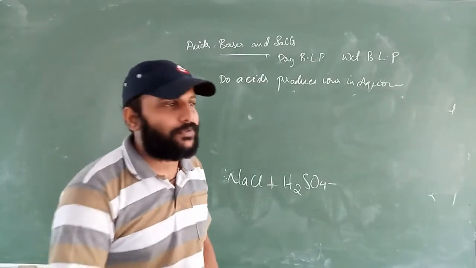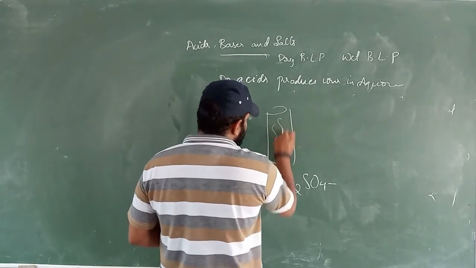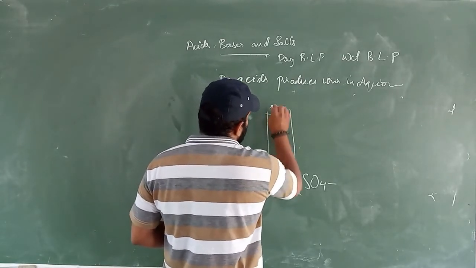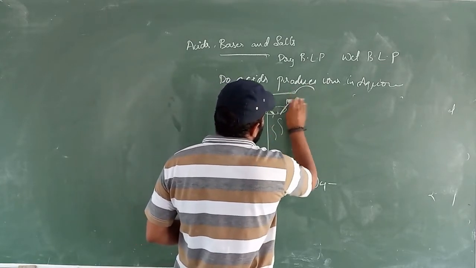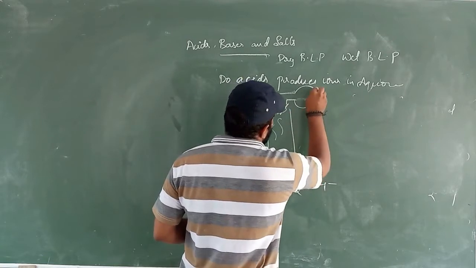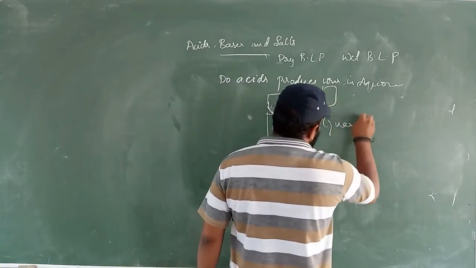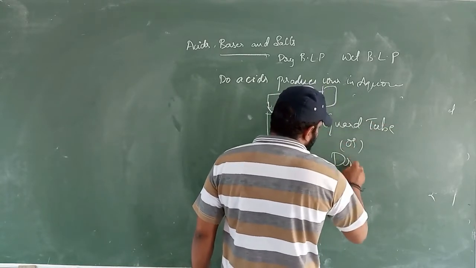At that time, whatever gas is liberating out from the test bed, there we will insert one guard tube, or it is also called a drying tube.